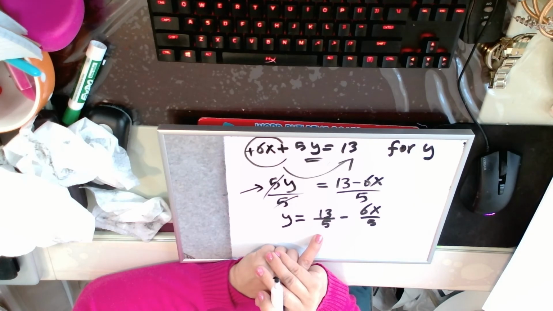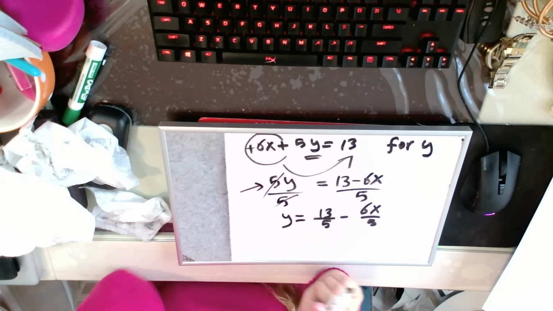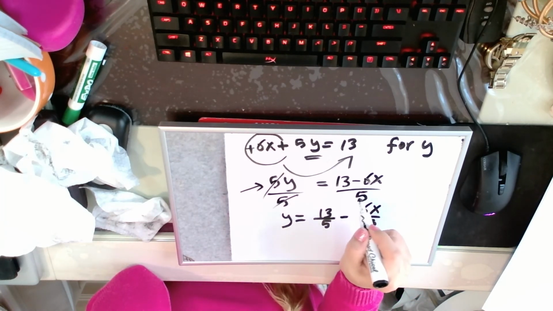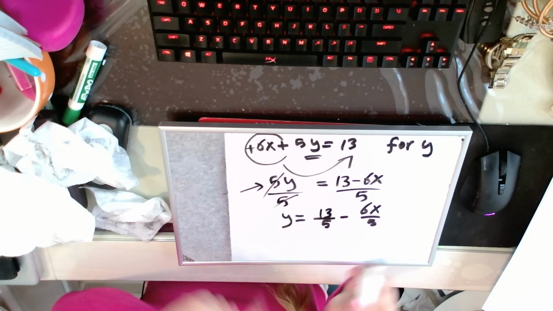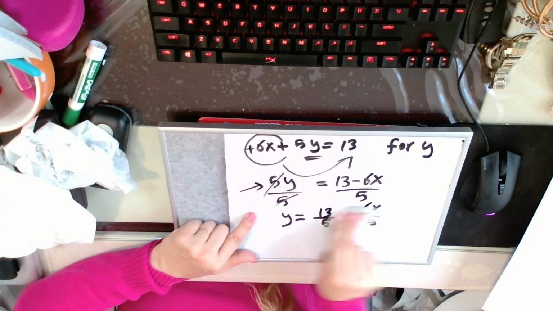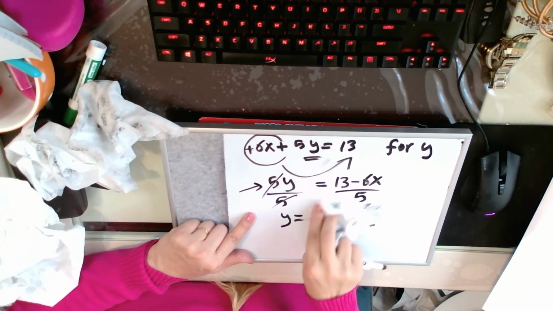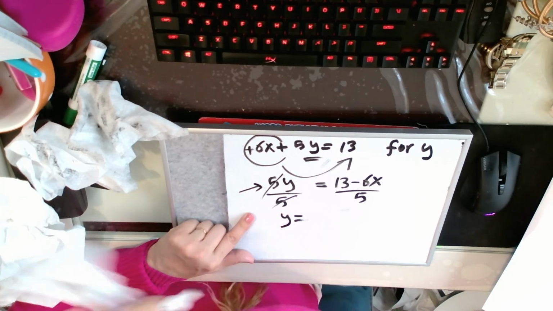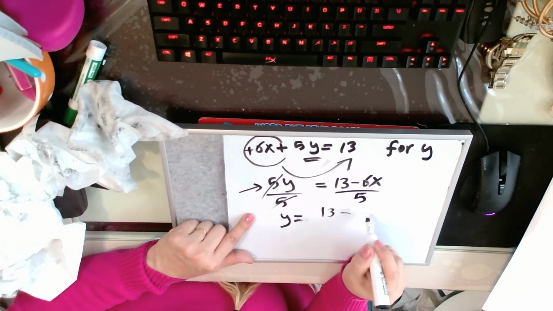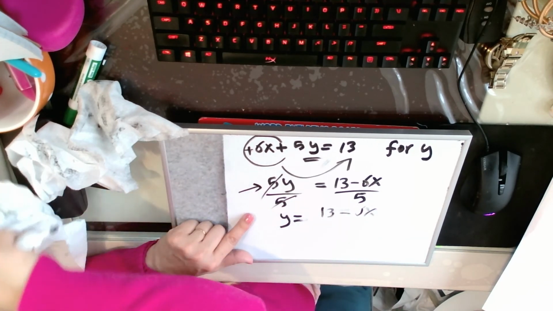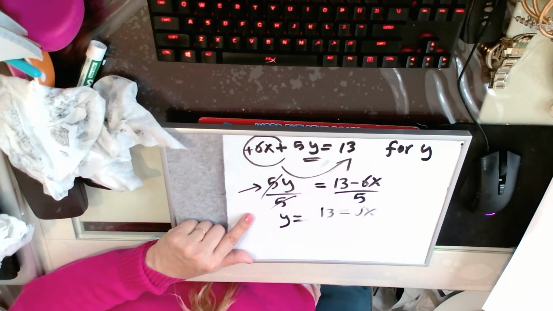Or you can just leave it like that, or simplify. I'm just going to leave it like this. Why did I make it so complicated? Just leave it like that: 13 minus 6x over 5.